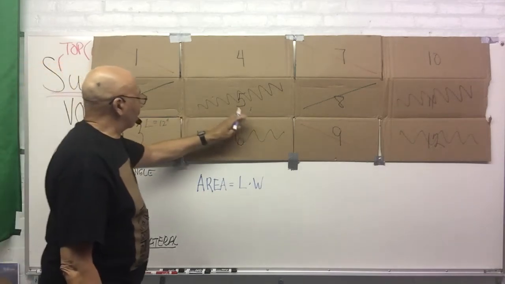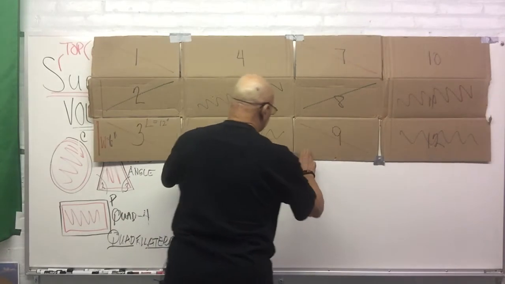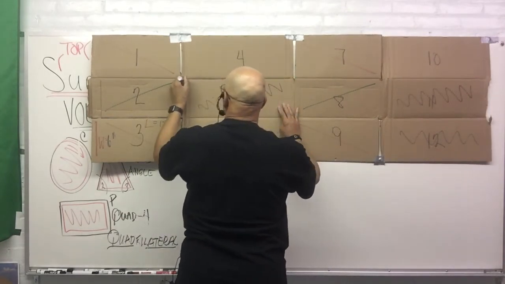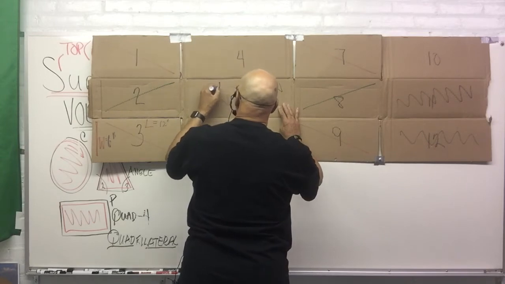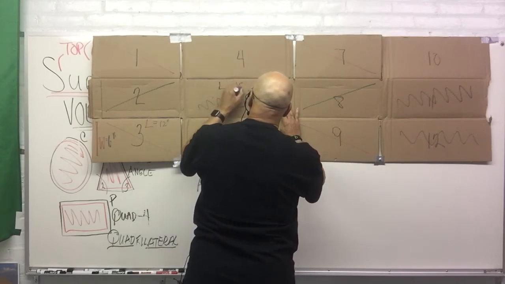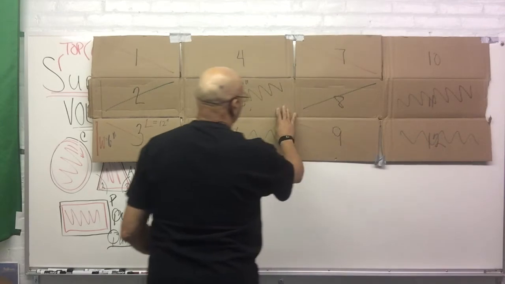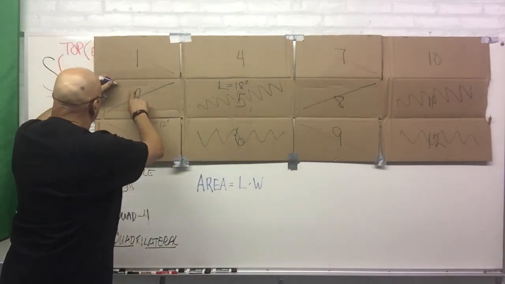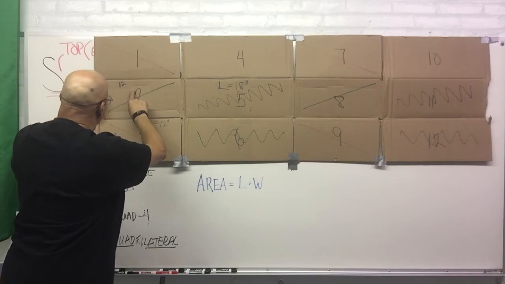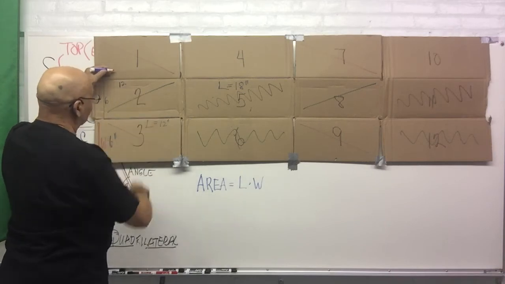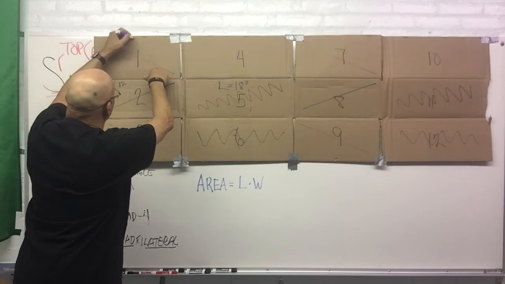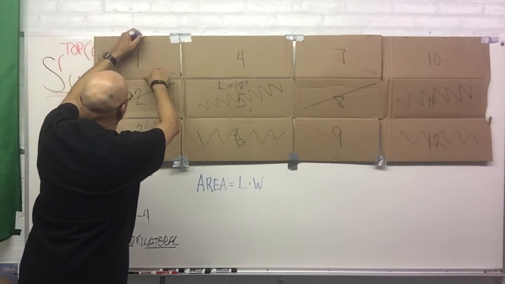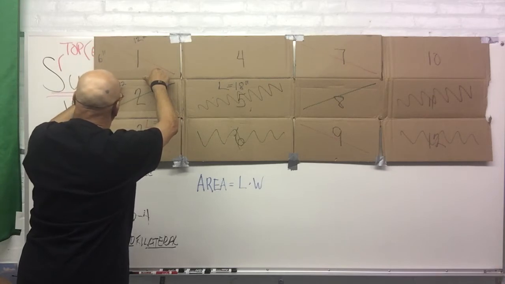This is a little longer, so let's say this length is 18 inches. So 2 are 12 by 6. One I'm going to say is 12 and 6 inches, even though it's bigger than that, I think.